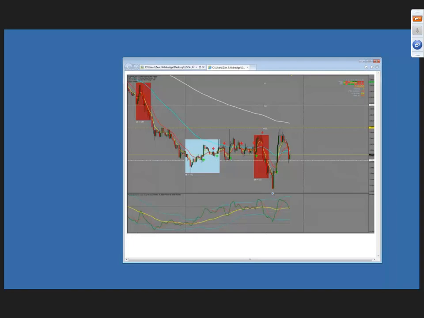Here's another nice setup from this morning. This is the Aussie Swissy, and you can see it was pretty ugly activity. But what was our key here? Two different keys to enter this trade. What were they? Okay, correct.